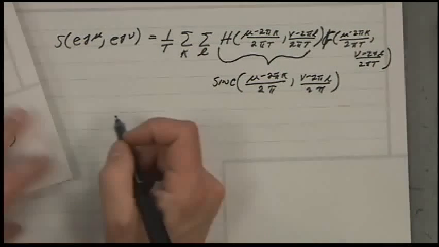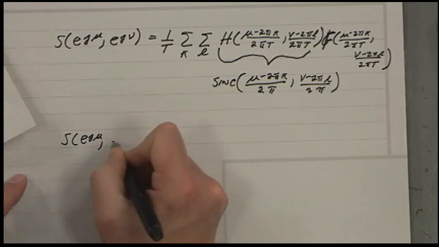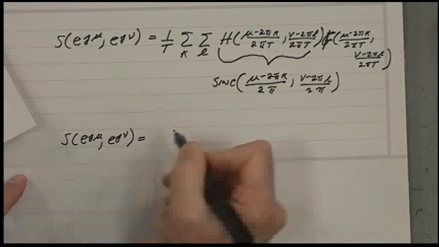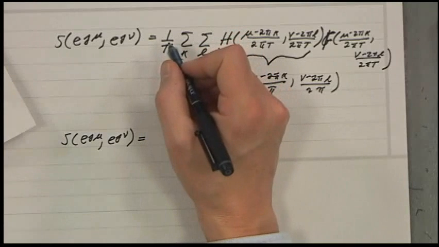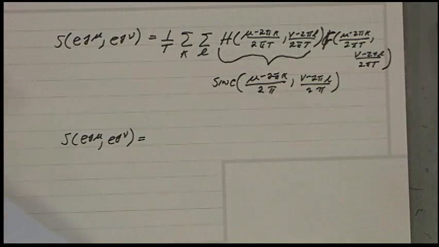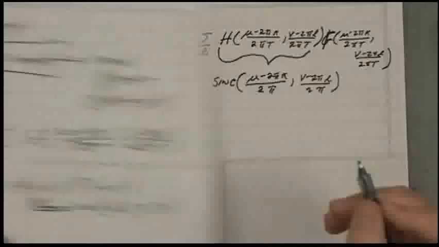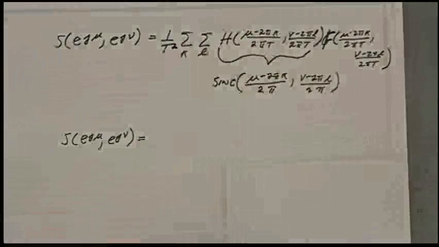So the final formula becomes that the sampled signal S of e to the j mu, e to the j nu is equal to, oh, this is a T squared. That should be a T squared, and that's a T squared there. It's squared because it's in 2 dimensions.